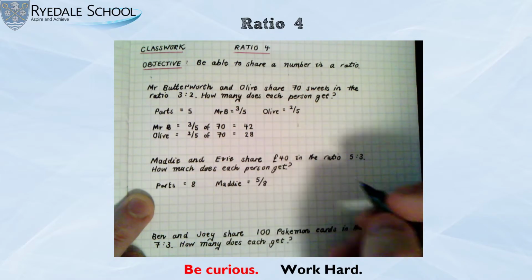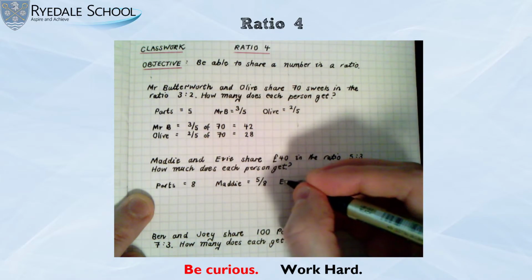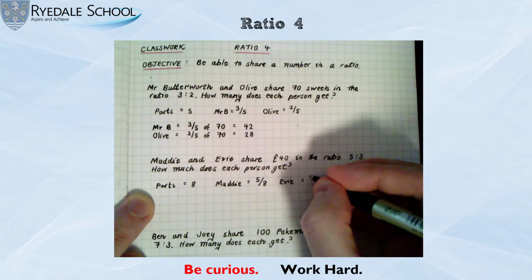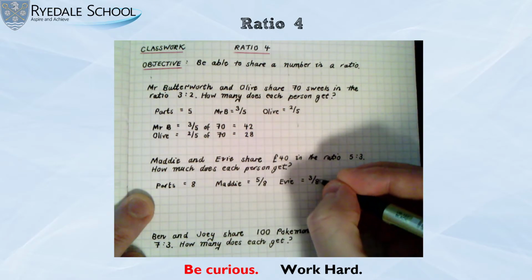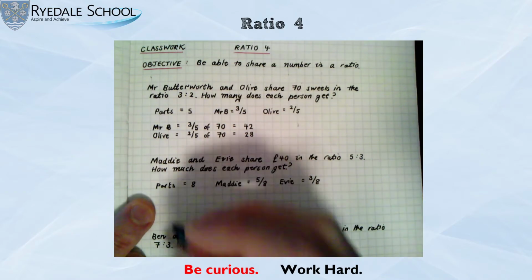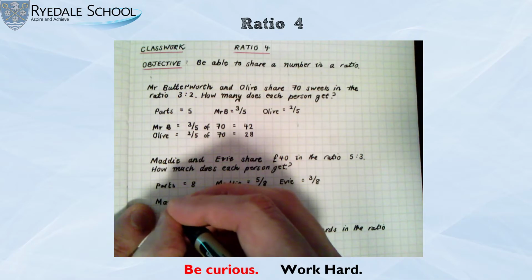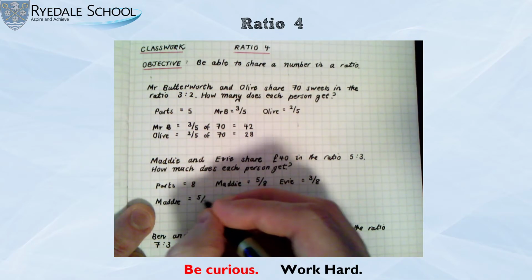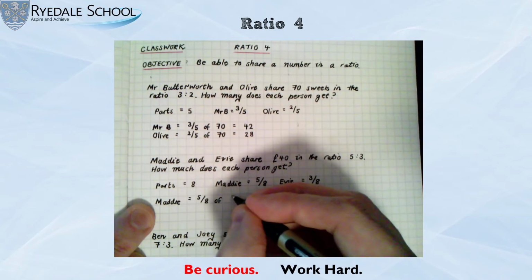For Evie, she is getting 3 of those parts, which is 3 out of 8. Okay, so now we've got to split that £40 in those proportions. So Maddie is 5/8 of the £40.